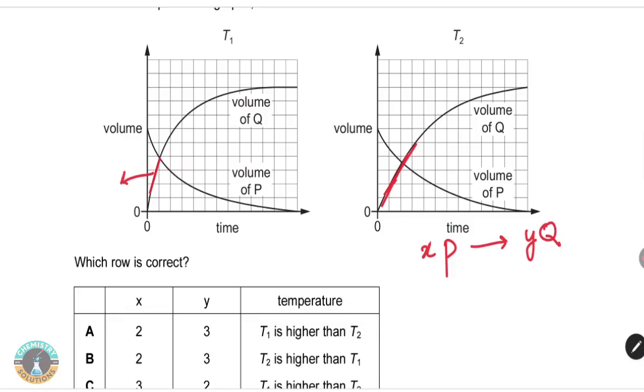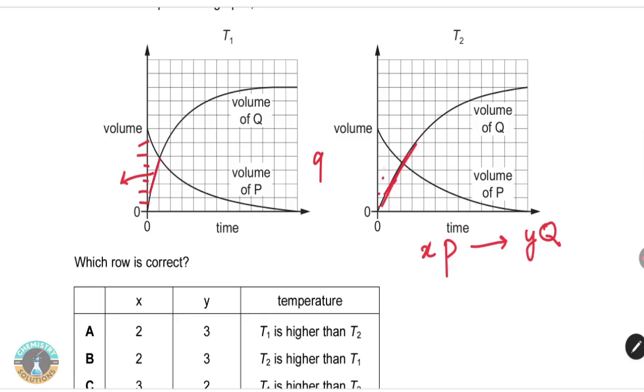This option is better for us: T1 is higher than T2. First part is covered. Now come towards counting the boxes: 1, 2, 3, 4, 5 and 6. This is about P. If you see, 6 for P. 1, 2, 3, 4, 5, 6, 7, 8, 9. So 9 for Q.